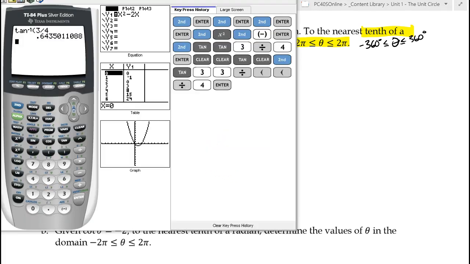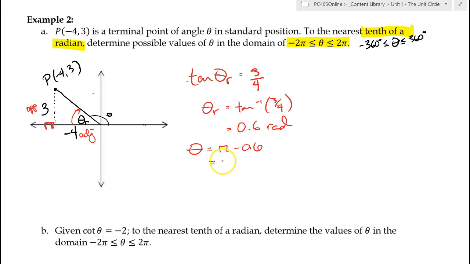And so again, we'll use the calculator. I hate that I have to press the second function for that. 0.6 equals, so 2.5 is going to be my answer. That's great. And that's going to be my positive value. So between 0 and positive 2 pi, that is my solution.